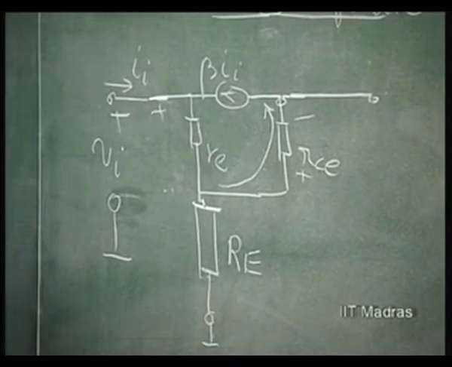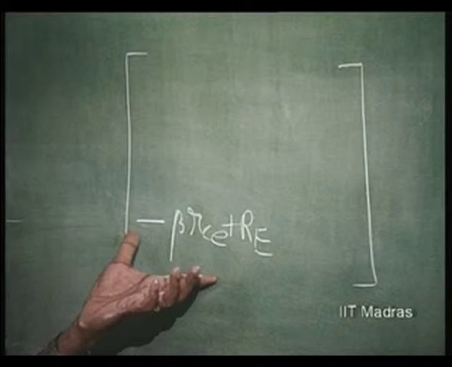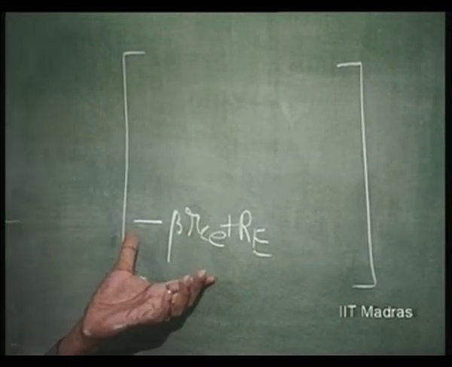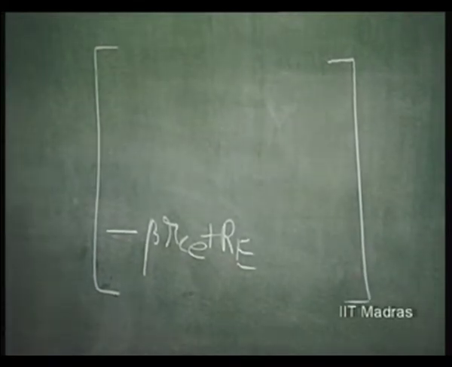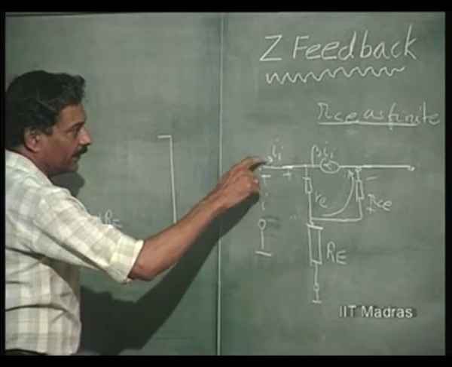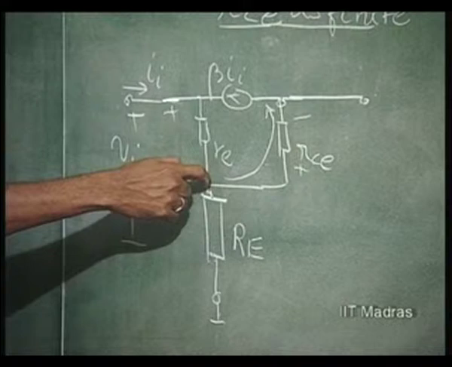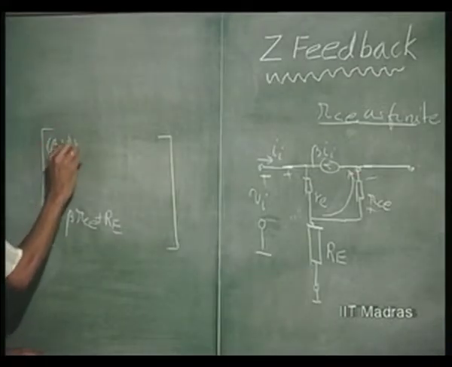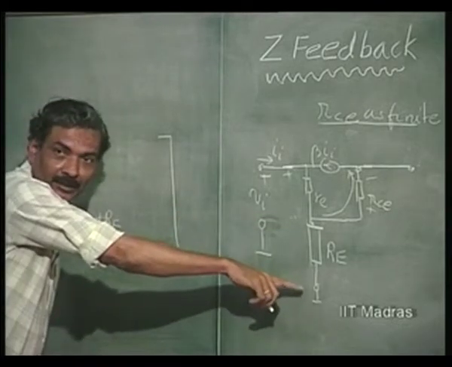So, this is the effective ratio of output voltage to input current. This is the forward transfer parameter of the composite structure. Now, as far as the input impedance is concerned, if this is II, this is beta times II, this one is beta plus 1 times II through Re, and this is simply II through Re.